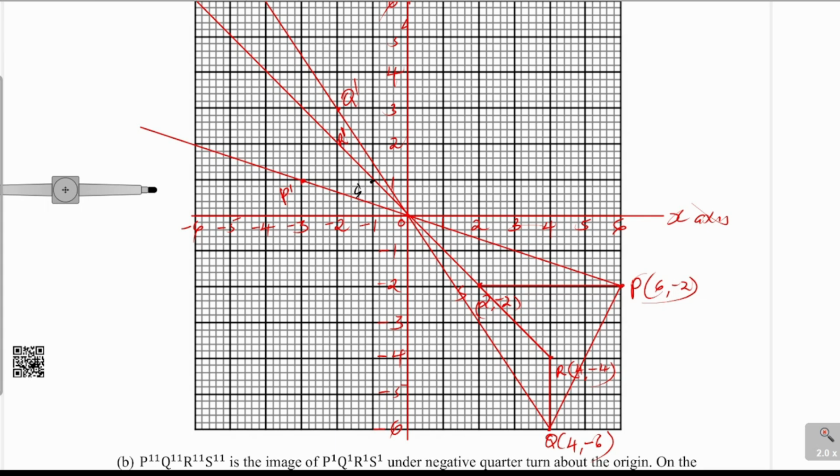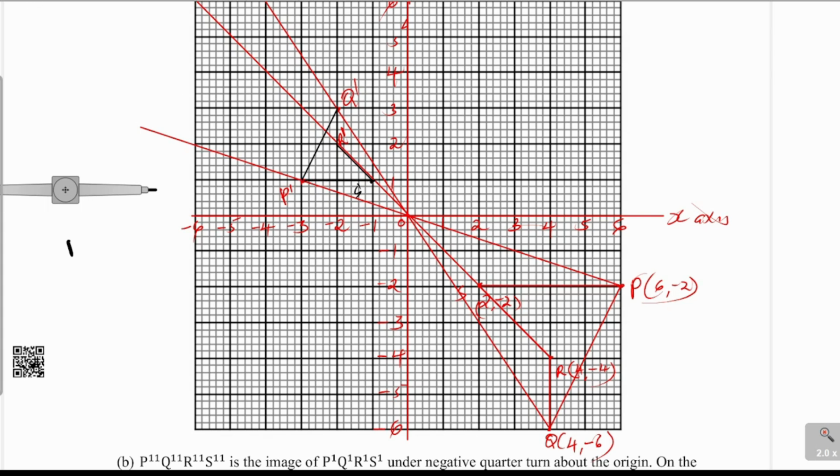So from that, now we can join the points. P1, Q1, then to R1, then from R to S. Then you join that one like that.